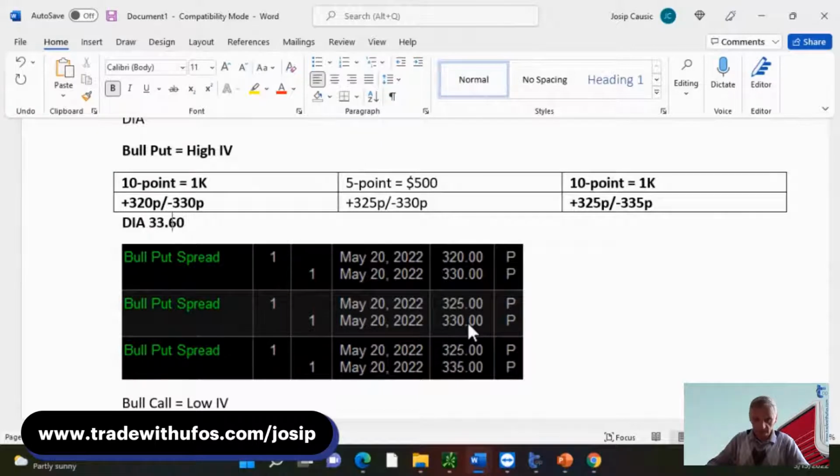Don't worry about the penny there. At 333.61, we are observing that this situation might actually work quite well for us.